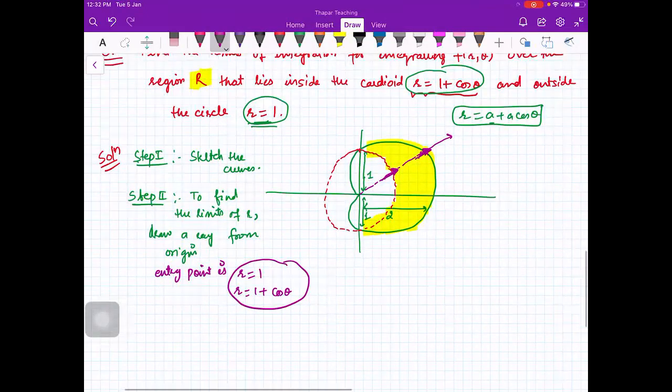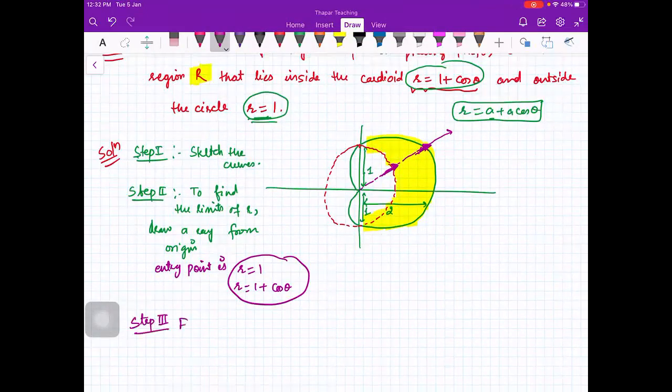Then step 3, for the limits of theta, you will see from here to here you have to cover, because your region is from here to here. So at this point theta is minus pi by 2, and at this point theta is pi by 2. So theta is from minus pi by 2 to pi by 2.